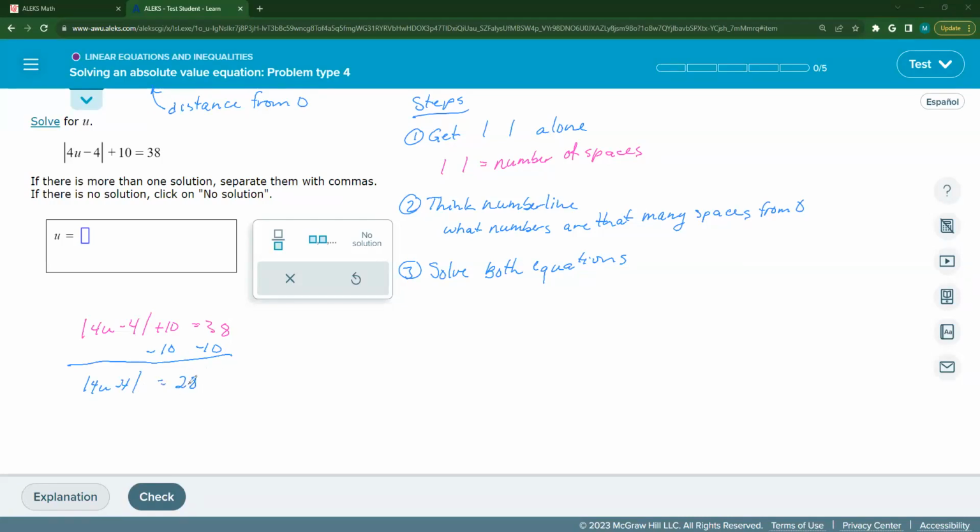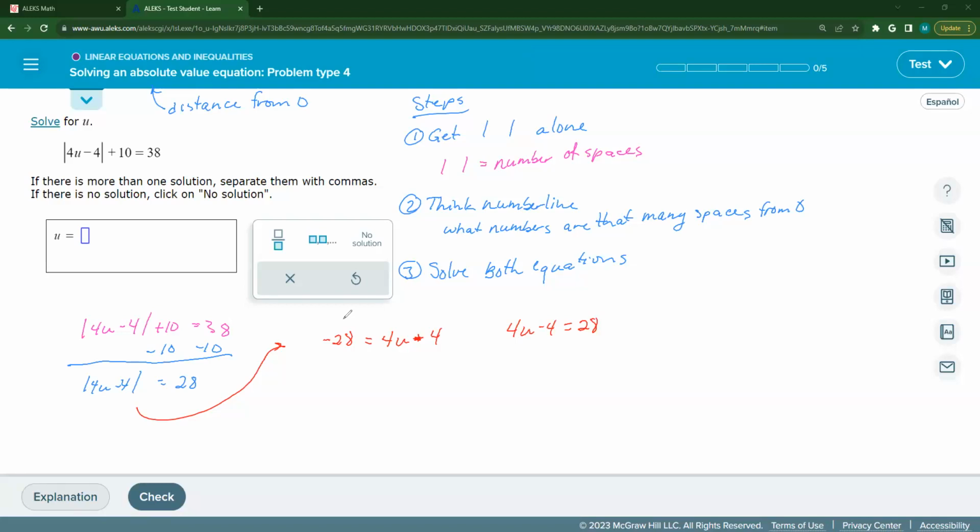Now, this means I'm 28 spaces from 0. So my two equations that I'm going to solve are going to be, I could be at negative 28, and that will equal the middle stuff, 4u minus 4. And then the 4u minus 4 could equal 28, because they're both going to be 28 spaces from 0.